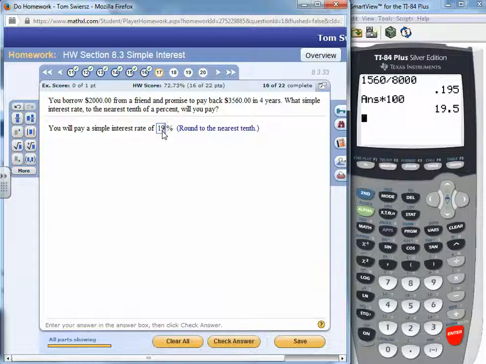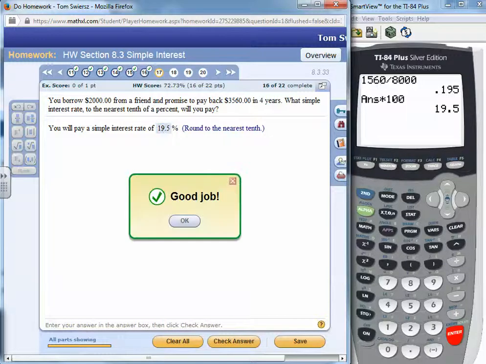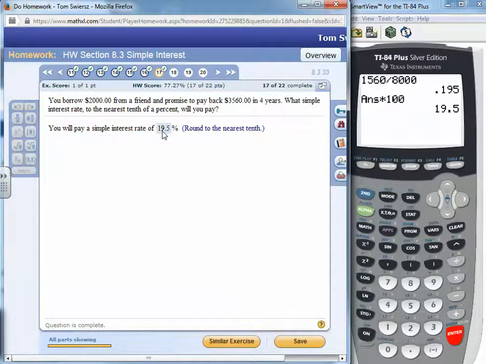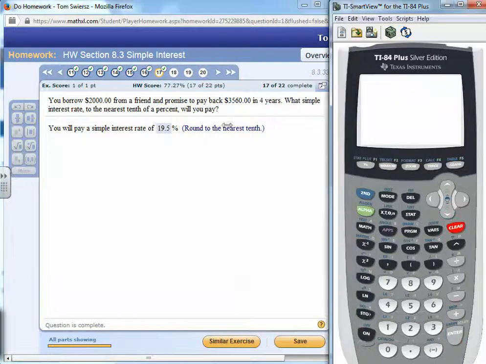So it's 19.5%. Not a very good friend, charging you a high interest rate. All right, hopefully your friend will give you a better deal.